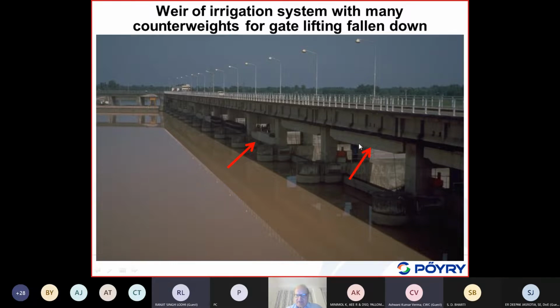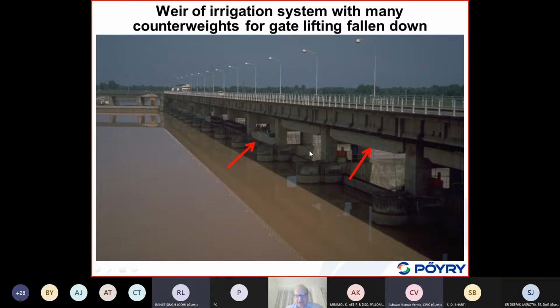As I said, there are different systems, but this is a system used at that time. You could see that after the earthquake, when I took this photo, this counterweight is down, here there is some stop lock, but the counterweights are down.